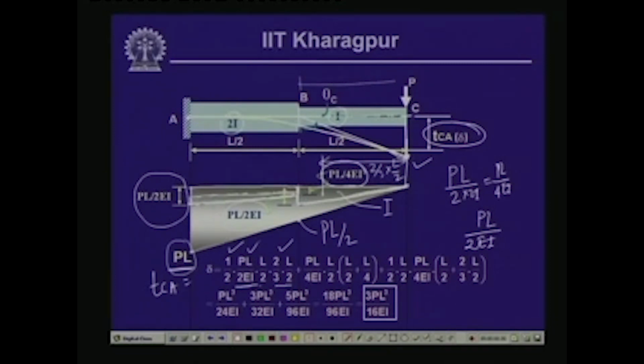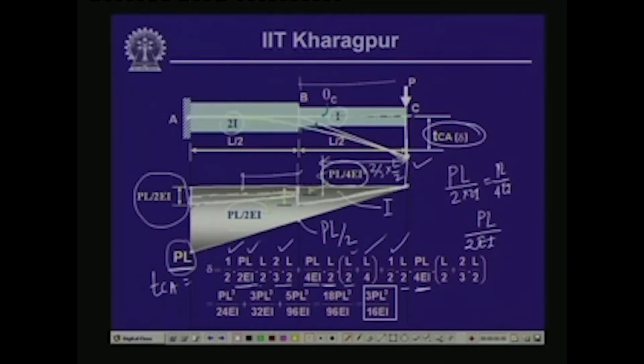Now, if we take this rectangular area, the ordinate here is PL by 4 EI over the length L by 2. So, PL by 4 EI multiplied by L by 2 is the area, and the CG distance from here to here is L by 4 plus L by 2. So, L by 2 plus L by 4. Plus, if we take this triangular area, which is half into L by 2 times PL by 4 EI.